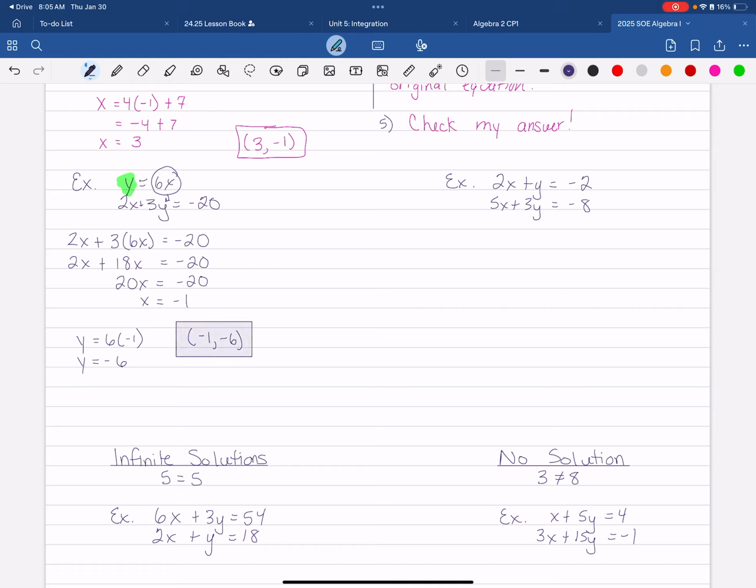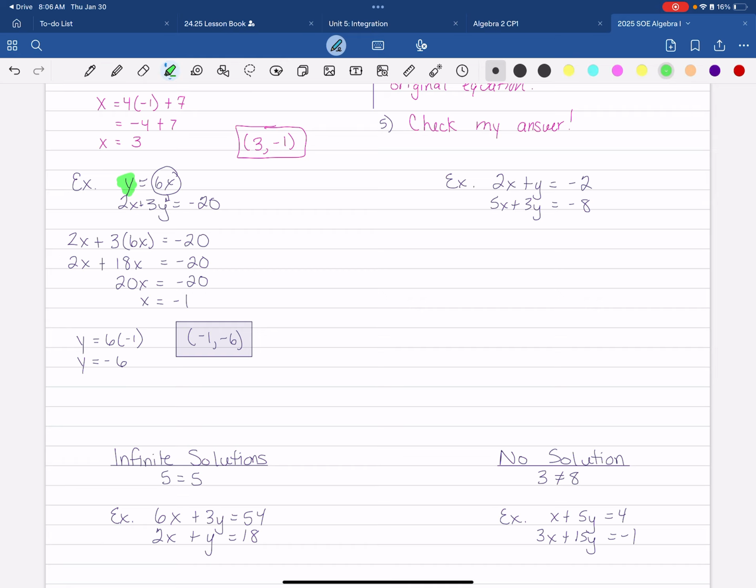All right, for this one, my second example, we have 2x plus y equals -2 and 5x plus 3y equals -8. In this situation, notice none of my variables are isolated, so you want to choose a variable where you're not going to create any fractions.